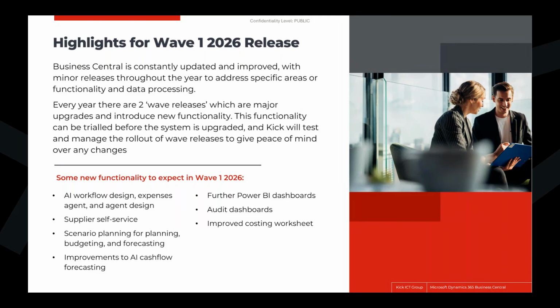Improvements to the AI cash flow forecasting will essentially continue to make it more accurate, more reliable, and use AI increasingly to process the data which it has. And as discussed, further Power BI dashboards. They can bring in an audit dashboard, which I think would be really helpful, and an improved costing worksheet, which will allow us to cost in more complex ways.